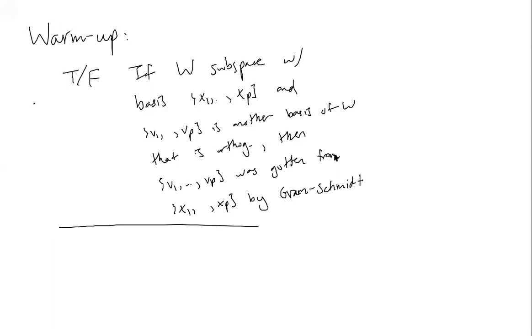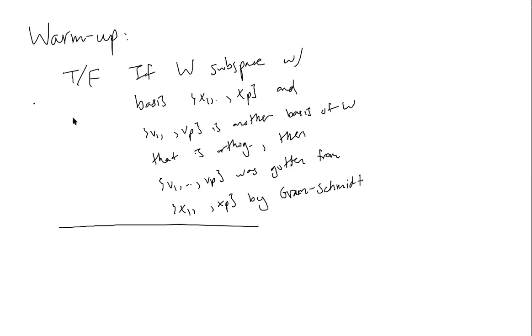Okay, what do people think? True, false? All right, so if you have a basis of W, x1 through xp, and v1 through vp is some other orthogonal basis, is it true that v1 through vp was just gotten from x1 through xp by Gram-Schmidt? If you perform Gram-Schmidt on the first basis, do you get the second one?